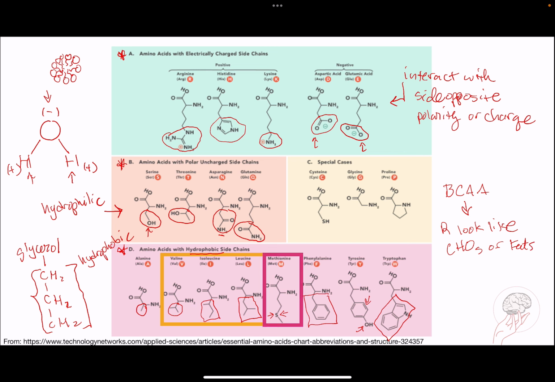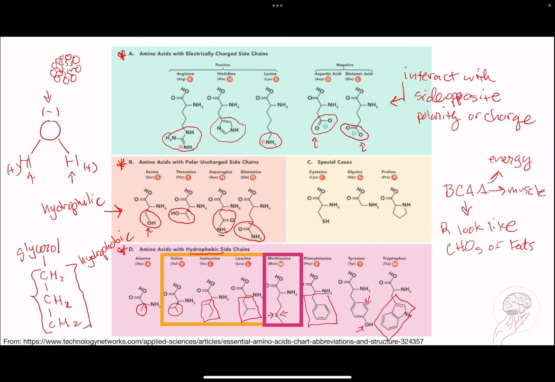They're just carbons and hydrogens. And that means that we can break down branched-chain amino acids for energy. And in particular, the muscles can use them for energy.